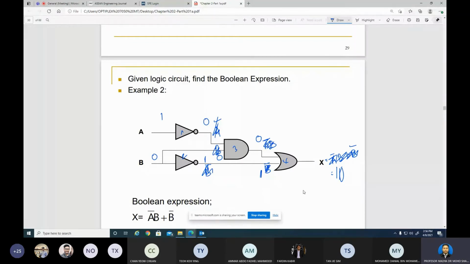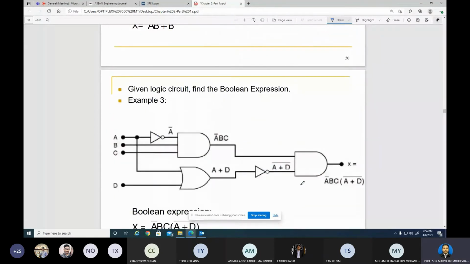But if you have more than 100 logic gates, that's why we introduce a technique called Boolean algebra, or Boolean expression in terms of characters, for example like this: A bar B plus B. This makes it easier and avoids mistakes on the output.